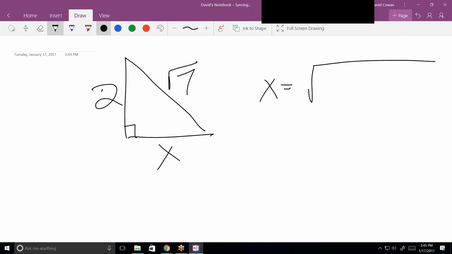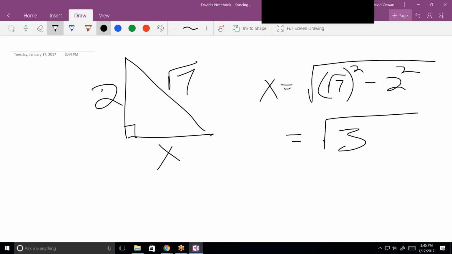So when you're solving for a short side of a right triangle, it's always c squared that starts. So it's the square root of 7 squared minus 2 squared. What's all of that equal to? The square root of 3. Okay.